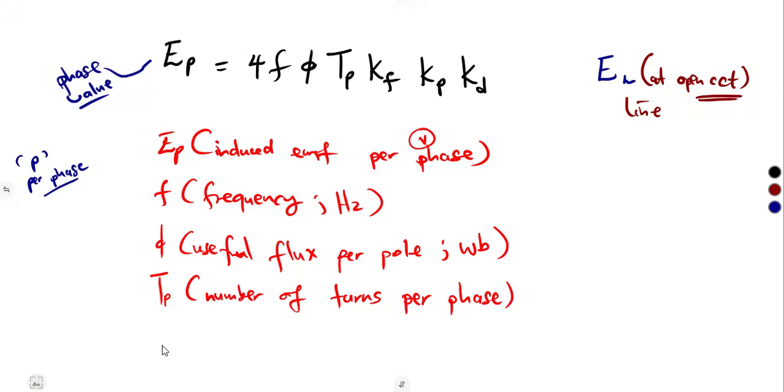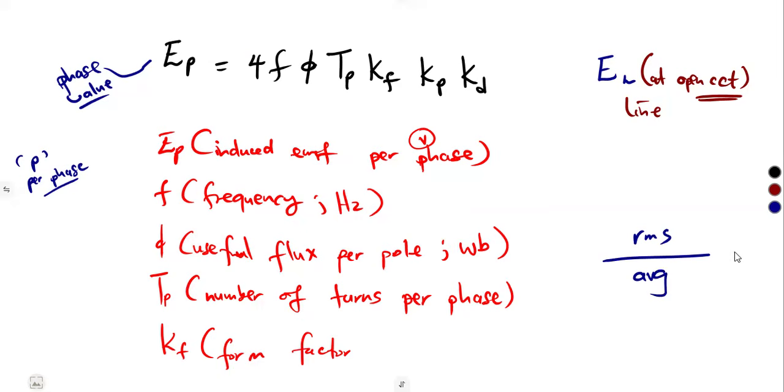Then we also have KF, which is a constant. This is a constant from our form factor. Remember, guys, your form factor, even from your industrial electronics, is just a ratio of the RMS value to the average value, which we saw gives us 1,11 from our calculations.